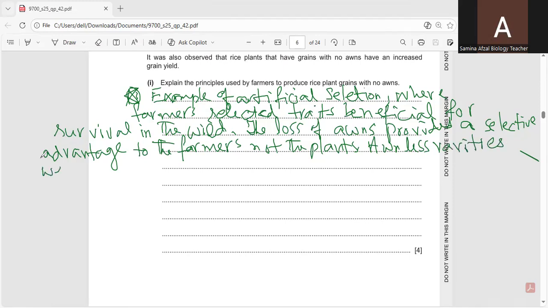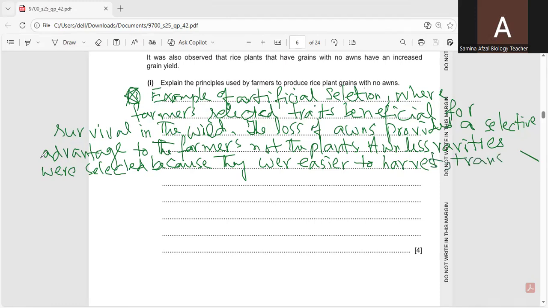Varieties were selected because they were easier to harvest, transport, and thresh. So they select them and store in bulk.